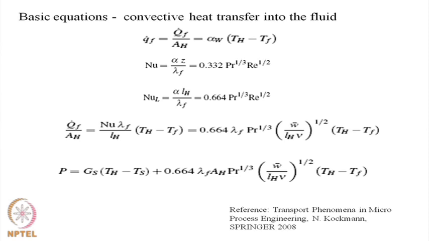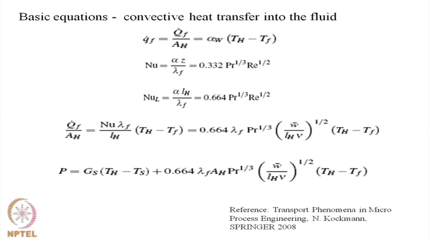So, putting the value of the heat transfer coefficient in the first equation, one can obtain the heat lost over the heater area, expressed in terms of lambda, the property, Prandtl number, the similarity parameter, and all the other things.